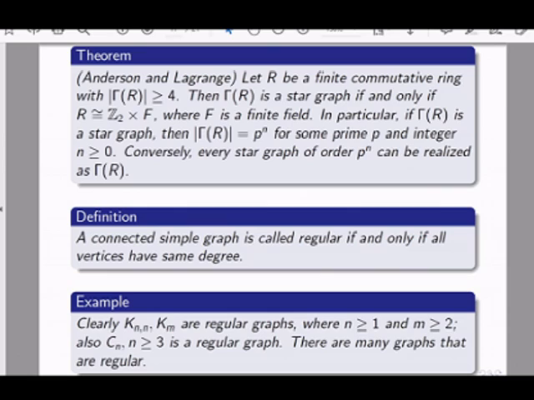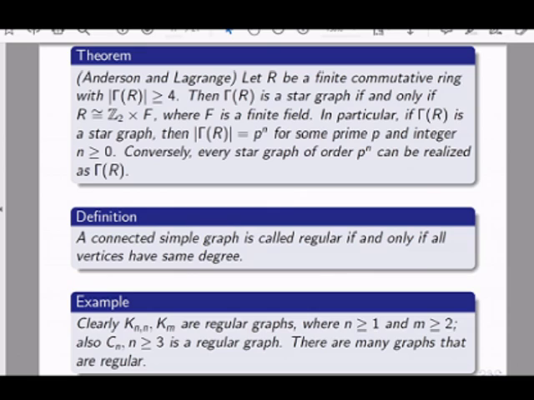And kind of interesting, related to what I just told you, if you have a star graph, the way you write a star graph is K1,4 or K1,n. It will be a complete bipartite graph, and your vertex set consists of two sets, A and B. In A there will be only one vertex, and in B there will be the remaining ones.